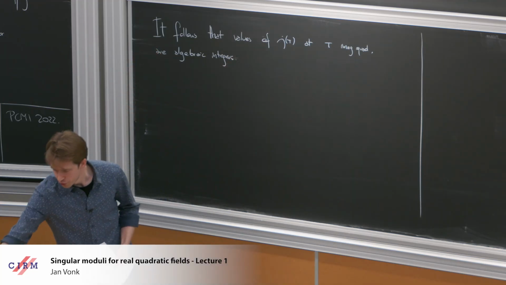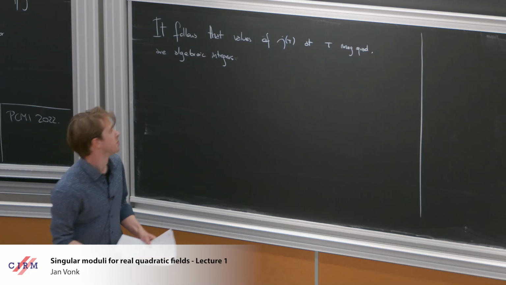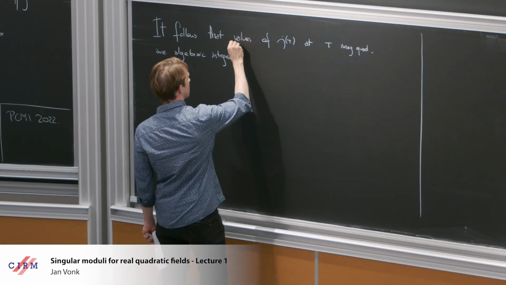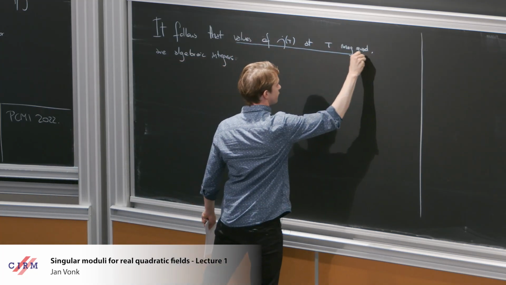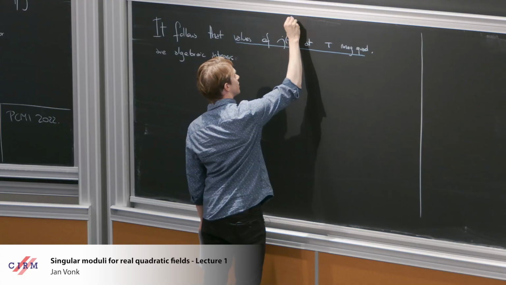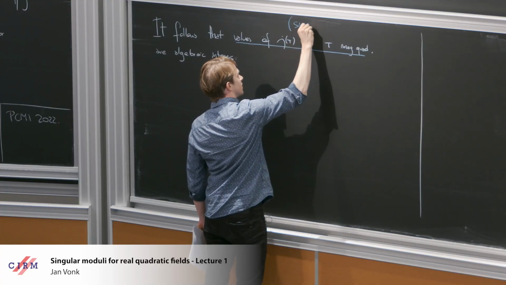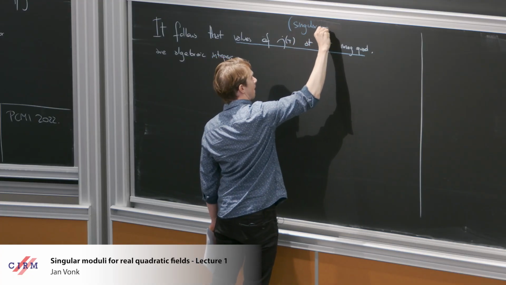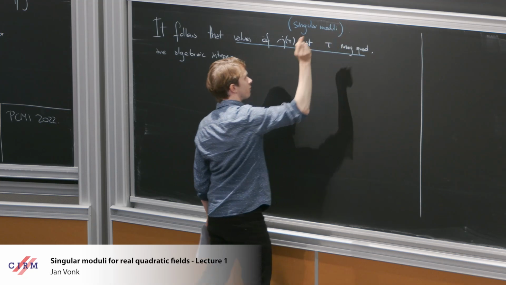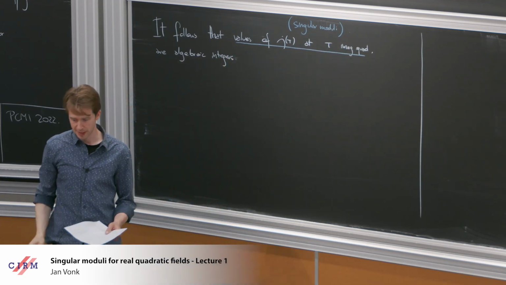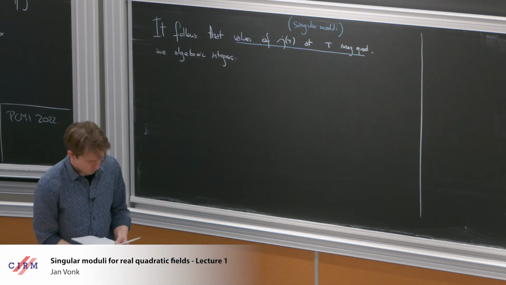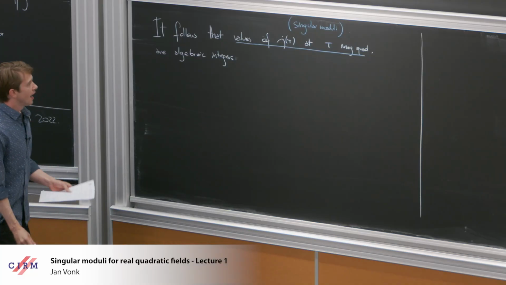And so, just for future reference, I've already used the name several times. This phrase will be referred to as singular moduli. So the values of the j function at imaginary quadratic arguments. Okay. How do we see this?